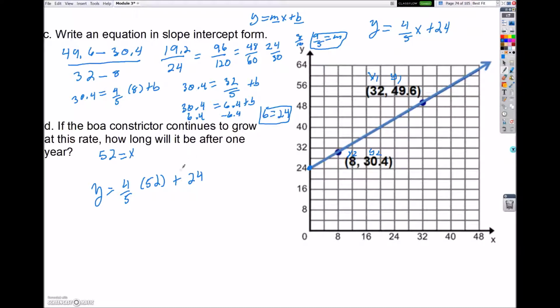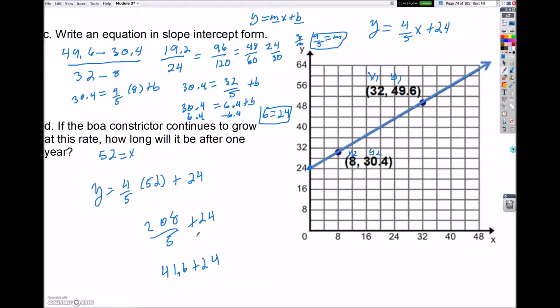Now all we need to do is solve. We're going to do 4 times 52, which is 208, all over 5, plus 24. So 208 divided by 5 is 41.6.